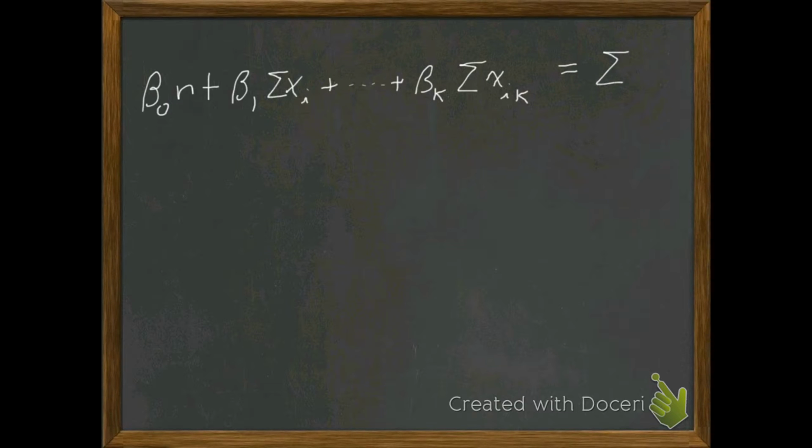So, guys, what the normals are going to look like here will be beta 0 n plus beta 1 sum xi's plus dot dot dot beta sub k, or p minus 1 if you prefer that, times the sum of x_ik, equal to the sum of yi's.